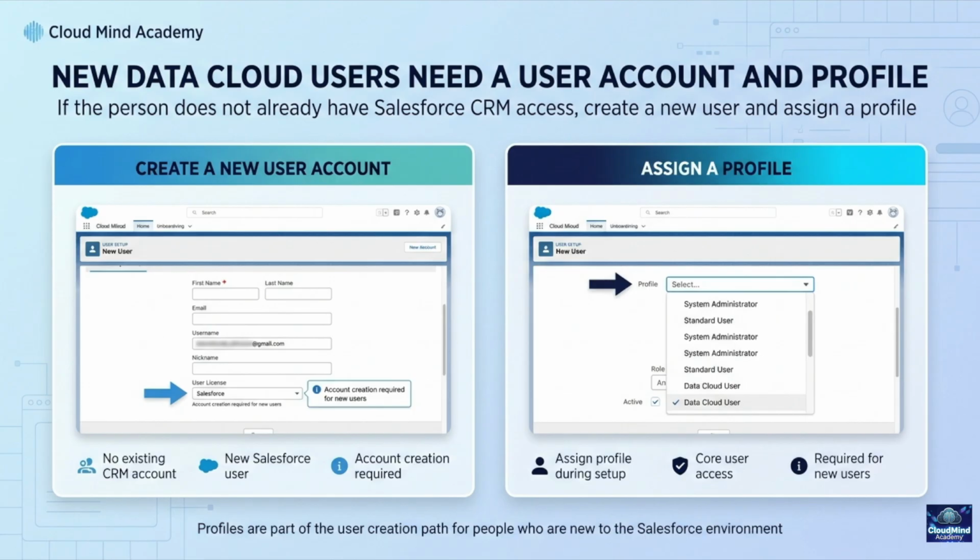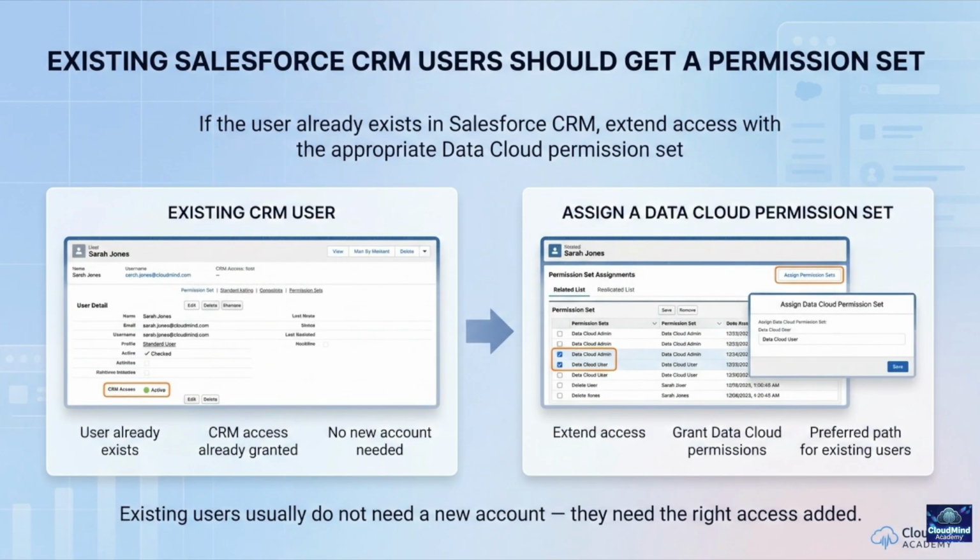This distinction is very important, because in Salesforce, profiles and permission sets serve different roles. A profile is part of the core user record and is required when creating a new user. A permission set, by contrast, is typically used to extend or assign additional access to an existing user.